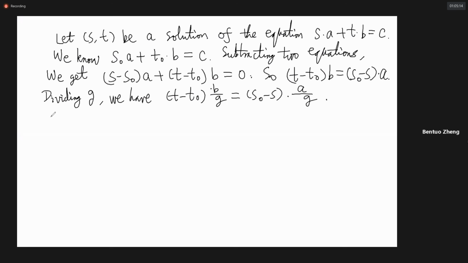And since G is the greatest common divisor of A and B, we proved last time that the greatest common divisor of A over G and B over G is 1. Actually, they are co-prime.